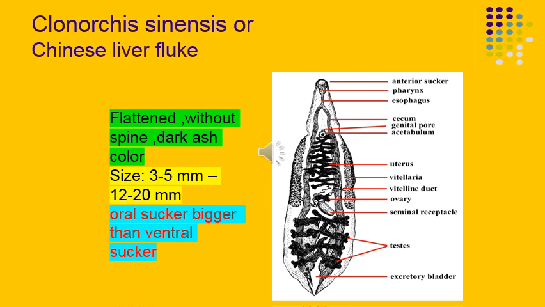As you can see, after the oral sucker, we have the pharynx, esophagus, and the esophagus divides into the intestine, but the intestine doesn't have any branch, and they are also blind because they have no way out. The other important thing is looking at the posterior part, and you can see two testicles or two branched testicles.